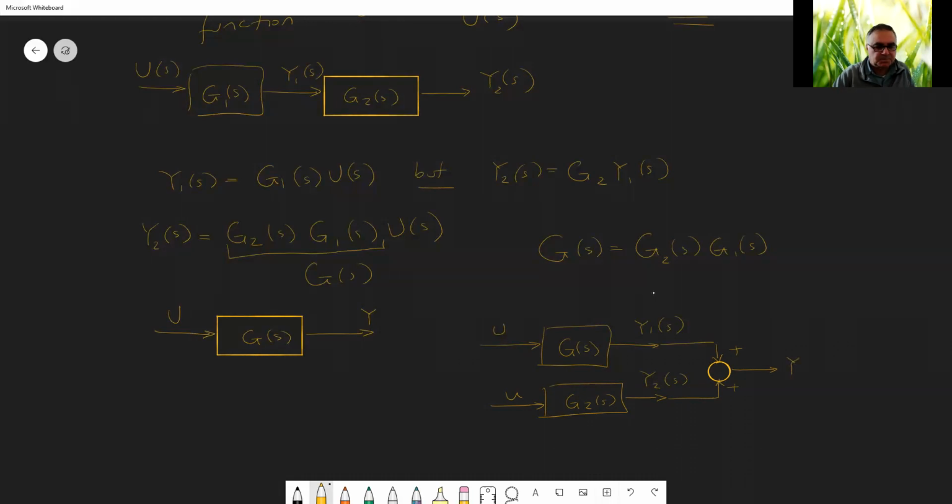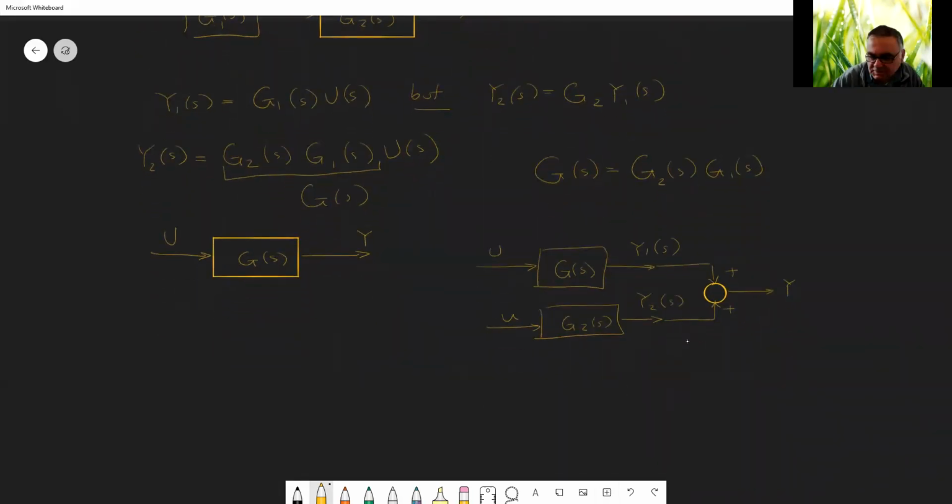Let's call this Y. If you have two transfer functions like this, G1 and G2, you can write Y is equal to Y1 plus Y2, which is equal to G1 U plus G2 U, which I can write as G1 plus G2 times U. So I can combine them with an addition, and since both signals are U, I can take a branch from here and make this thing U.